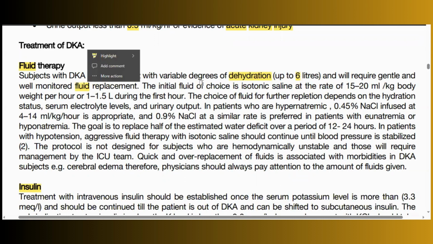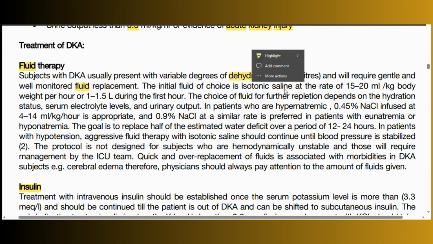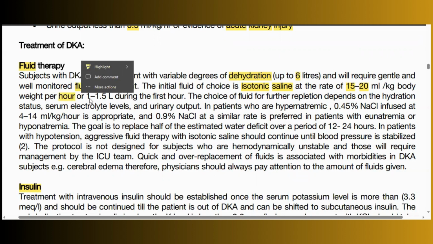The initial fluid of choice is isotonic saline at the rate of 15 to 20 ml per kg body weight per hour, or 1 to 1.5 liters during the first hour. The choice of the fluid for further replacement depends on the hydration status, serum electrolyte levels, and urine output.